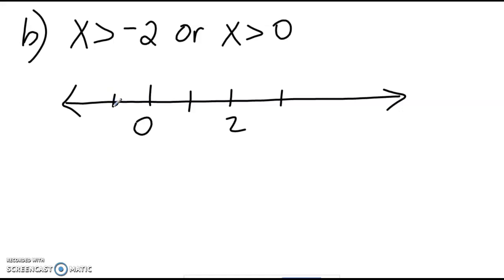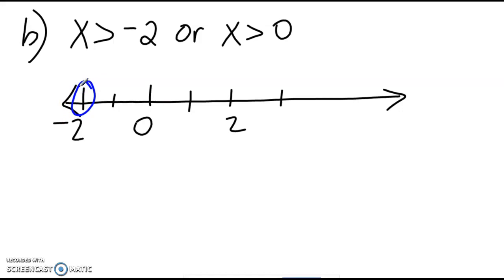Trenton, greater than negative 2, which I didn't put on there yet. There we go. Greater than negative 2, how would we show that? Open or closed circle at negative 2? Does it show an equal sign as well? No, so it's open. And then greater than, is that to the left or to the right?